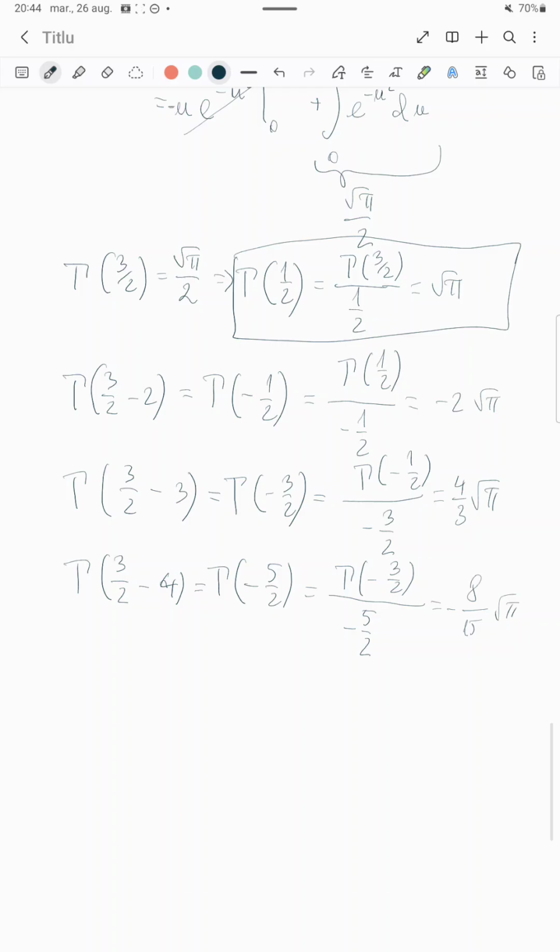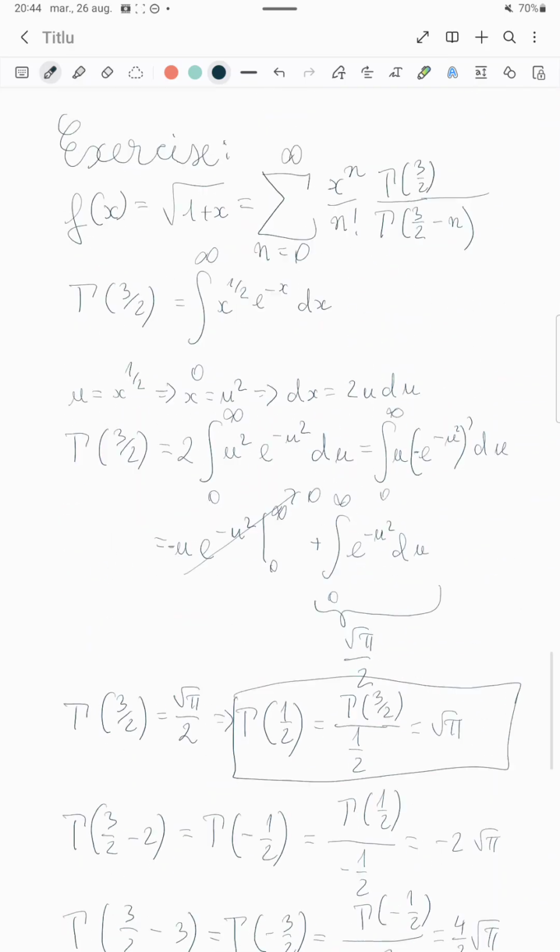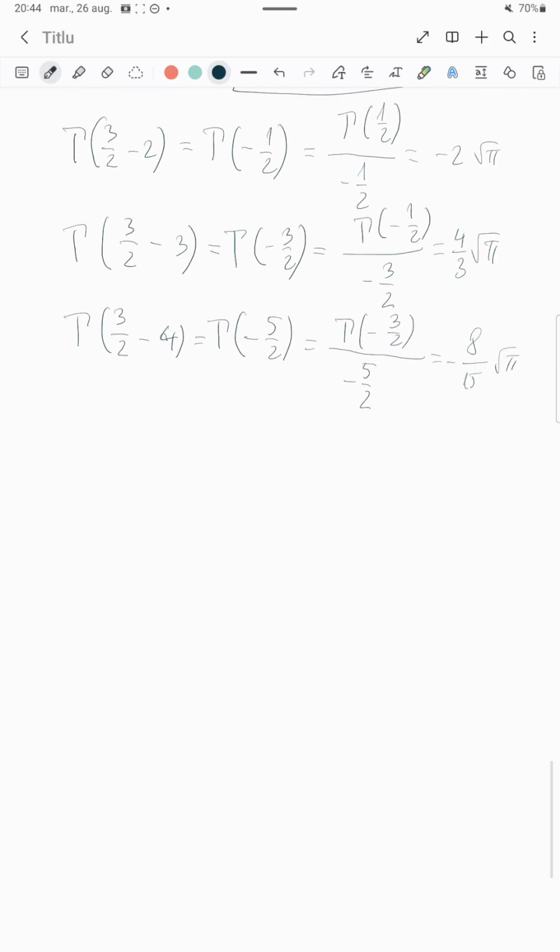But before I end this video, I'd like to leave you with a little extra. Let's say we have the function square root of 1 plus x squared. What can we do to expand it?